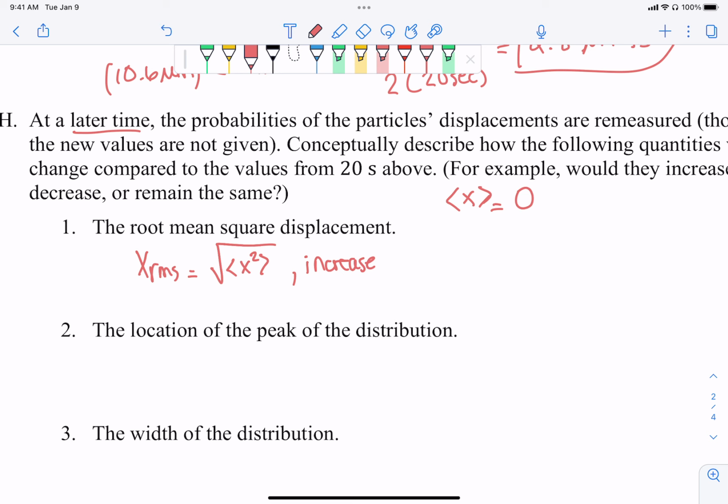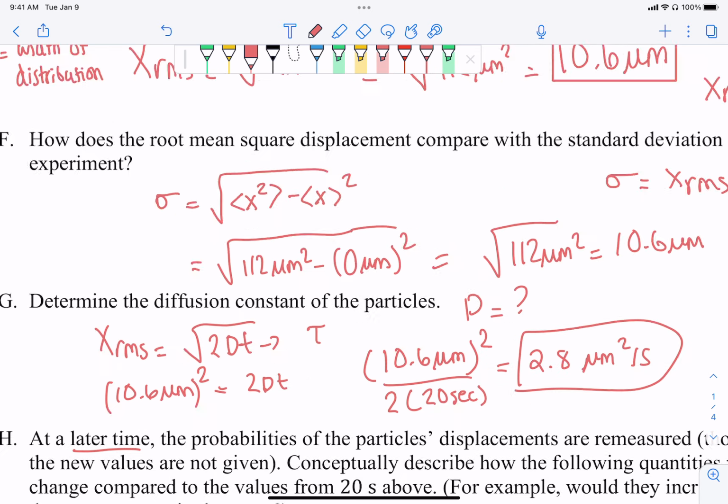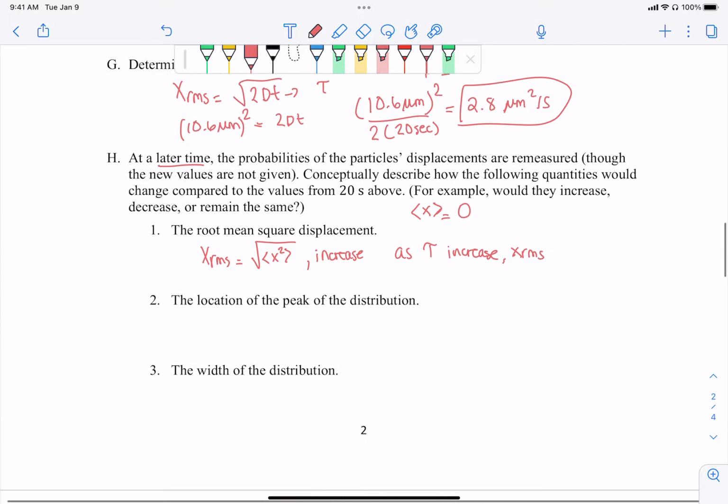So as I increase my time interval, the particles are going to tend to move outward with time, right? So as the time steps increase, my root mean square displacement will tend to increase as well.